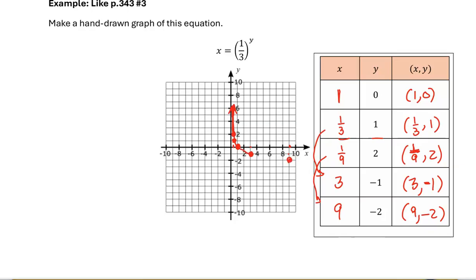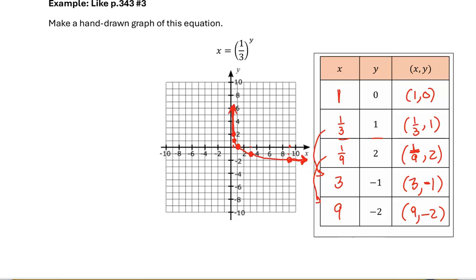So it goes out and to the right. It's just upside down from the one we just looked at, kind of. It still has the vertical asymptote at the y-axis on the left. It still goes out to the right, but it's upside down.